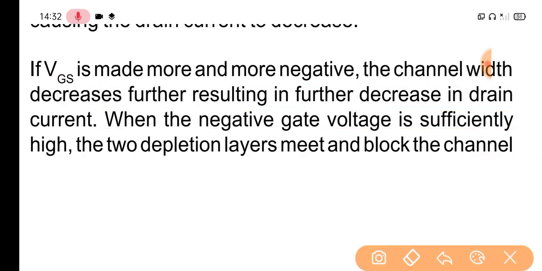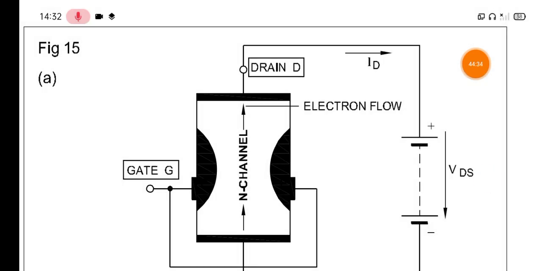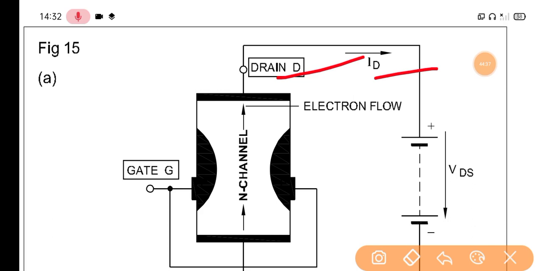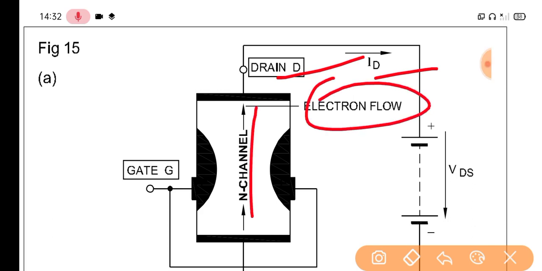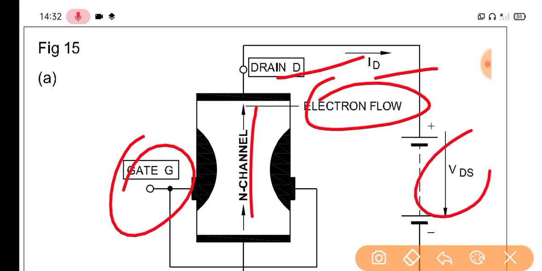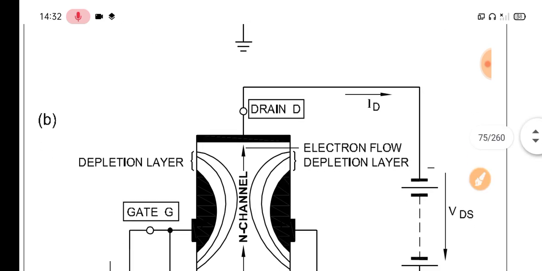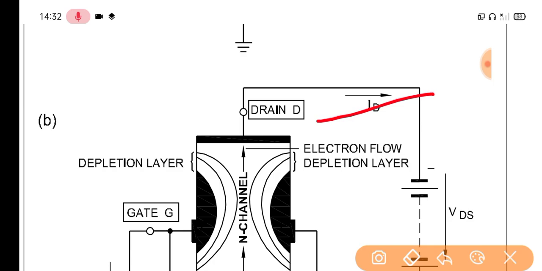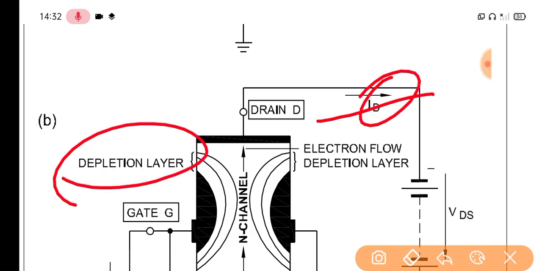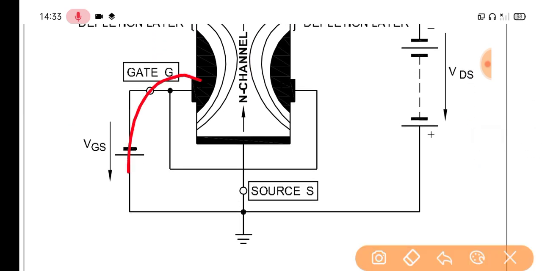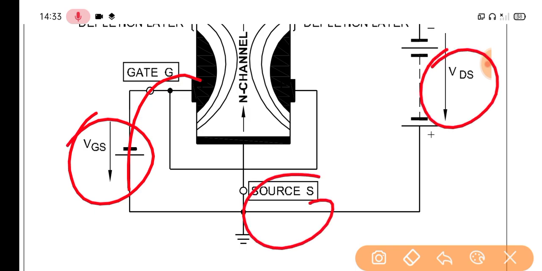Given these pictures, this is drain current, this is electron flow, N channel, gate, and this is VDS. This is positive, this is negative. This is voltage drain source. In picture B, this is drain current, and this is the depletion layer, electron flow, N channel, and this is the voltage gate source VGS, and VDS, voltage drain source.